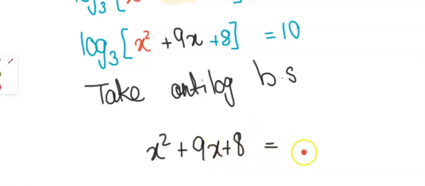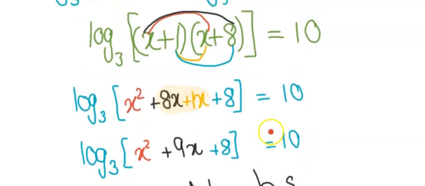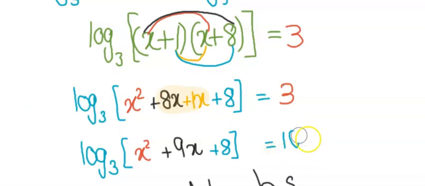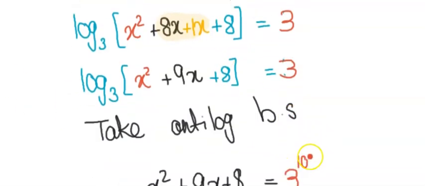On the other side, you will have 3 to the power of 10. Can I just change the question, because that would be a very long value? I am going to make that value, let's say, 3, because otherwise it's going to be a massively big value which you won't be able to do with the calculator.